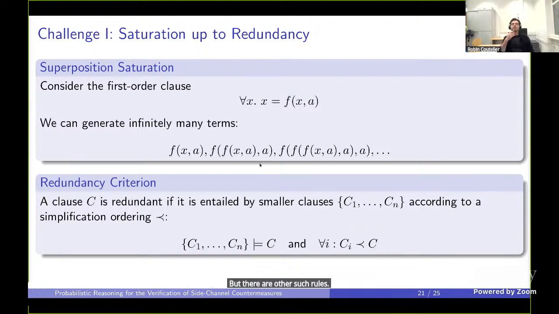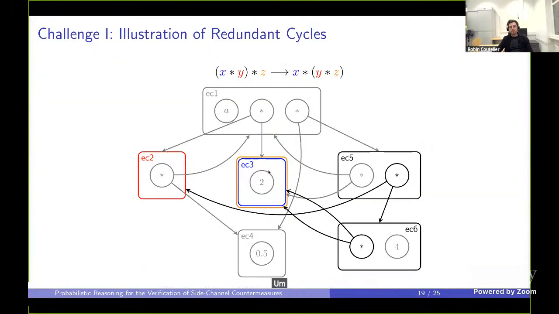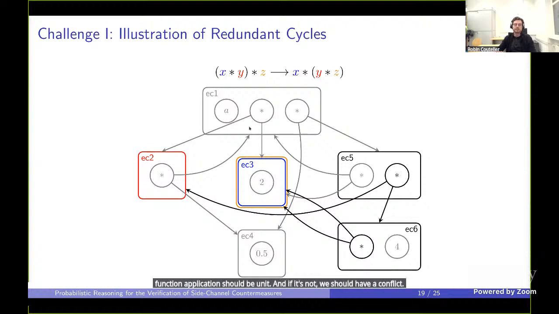And I was wondering if it would make sense to have such a thing also in rewrite systems. Say, here, we identify that there is a loop. And if there is a loop, it must be that the overall function application should be unit. And if it's not, we should have a conflict. And then once we have detected this, then we can get rid of it. Does that make sense?